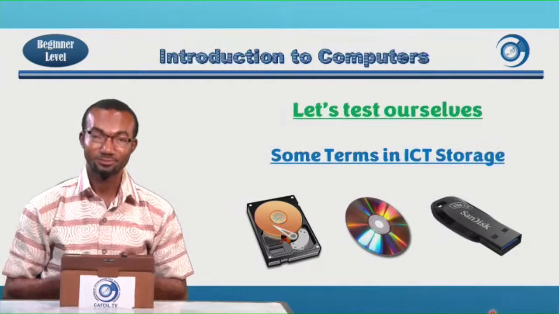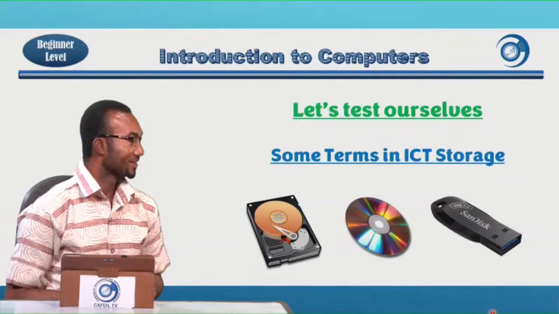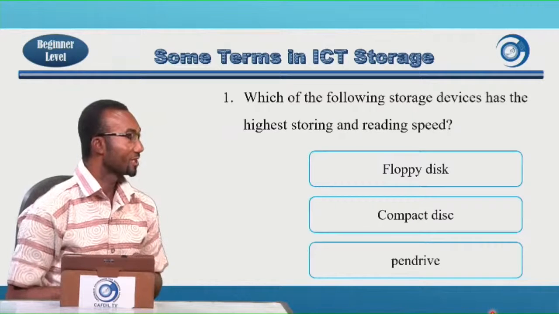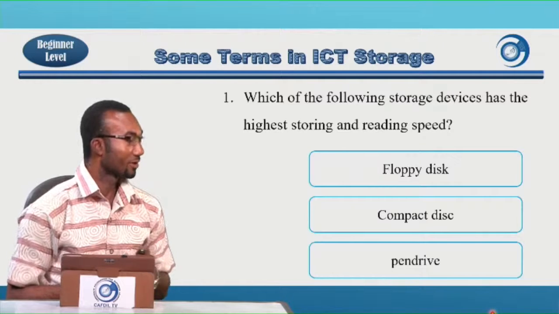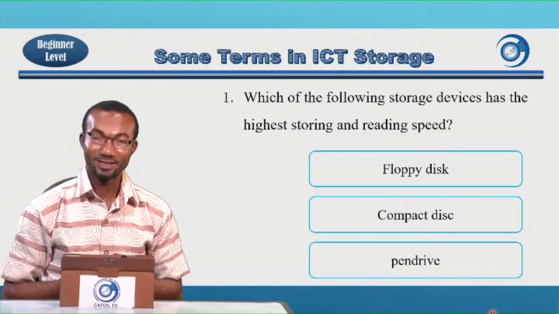Good. Now viewers, as usual, before we leave, let's try to answer these questions. 1. Which of the following storage devices has the highest storing and reading speed? You remember that we did some ranking.